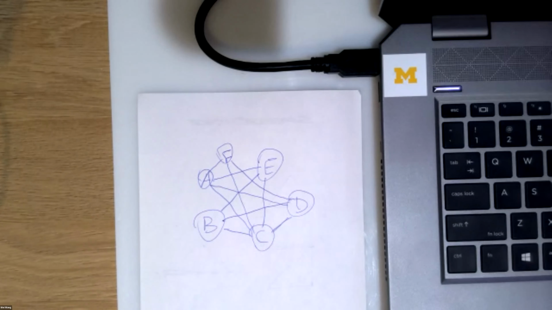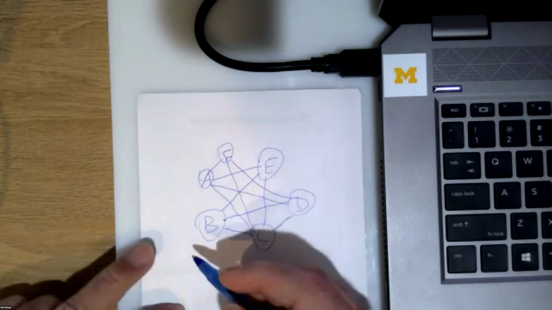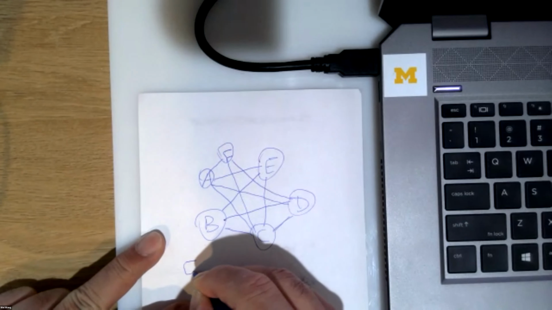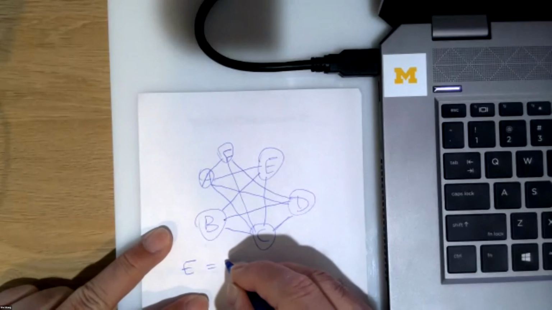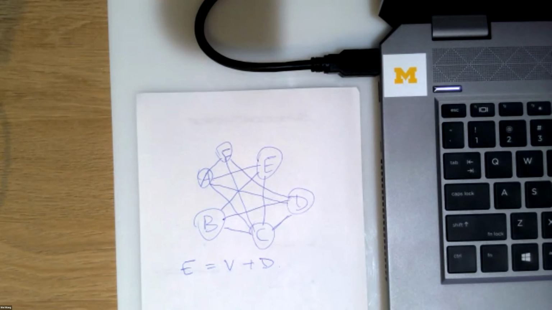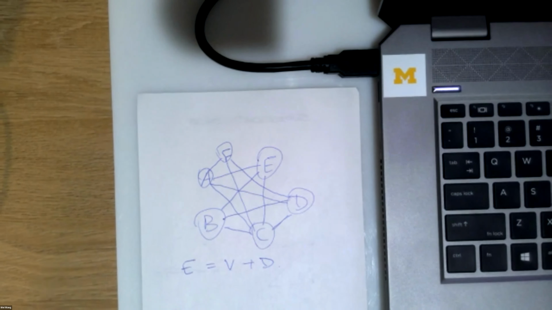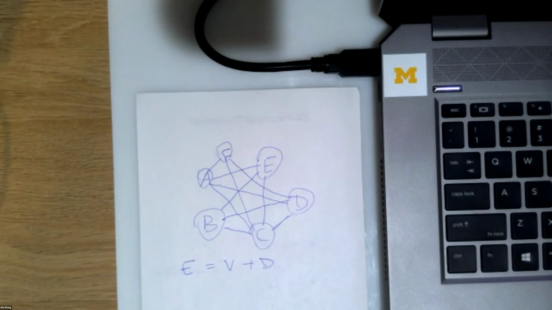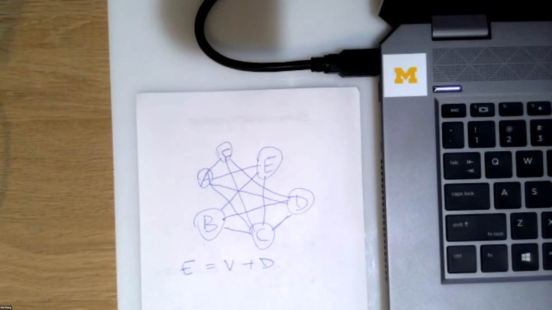All right, so if it was complete, it would have 10 edges if it were complete. Right. So 1, 2, 3, 4, 5, 6.